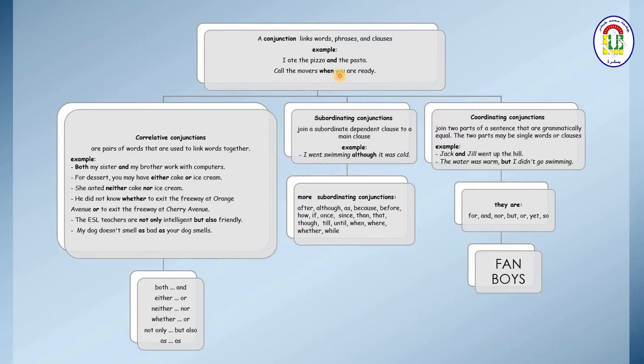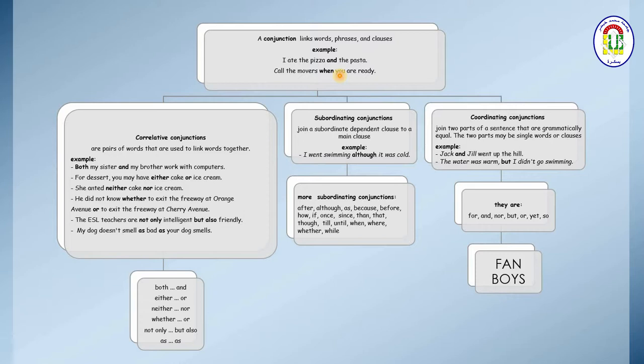And this combination makes it complex. It means the dependent clause is dependent on the main clause, so it is incomplete without the main clause. That's why it is called complex.